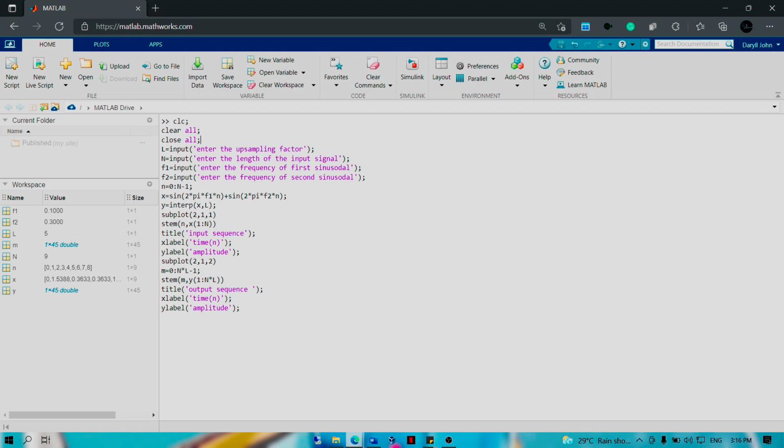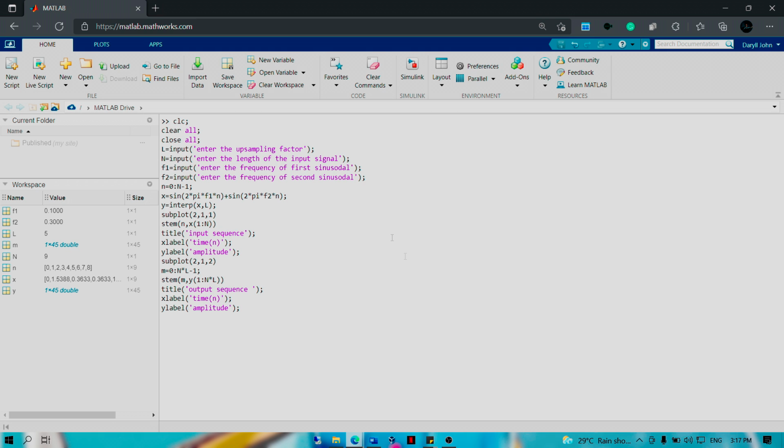So what we will do is, for example, we have the signal, and that signal will pass through an upsampler, and the output for that process would be an increased or a higher sampling rate than what it was originally.